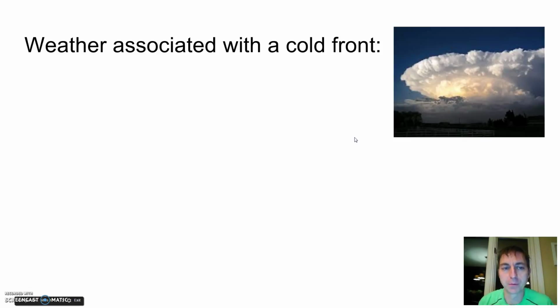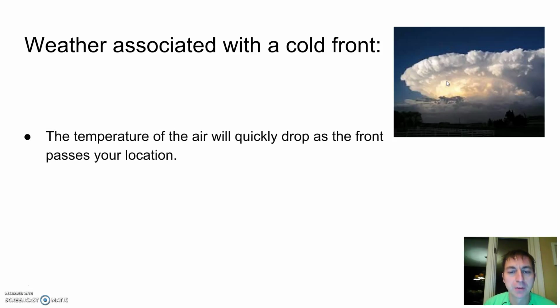So what do you get? The weather that you associate with a cold front is going to produce clouds that look kind of like this one perhaps, and they could look a little bit scary, and that's a cumulonimbus cloud. So one of the things that you're going to see is that the temperature of the air in your location is going to drop very quickly when the front passes through.